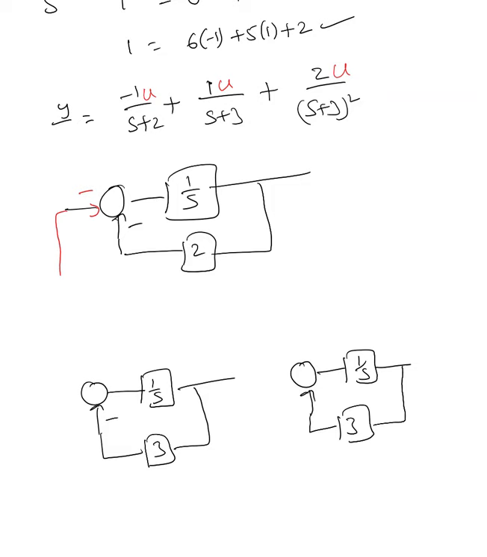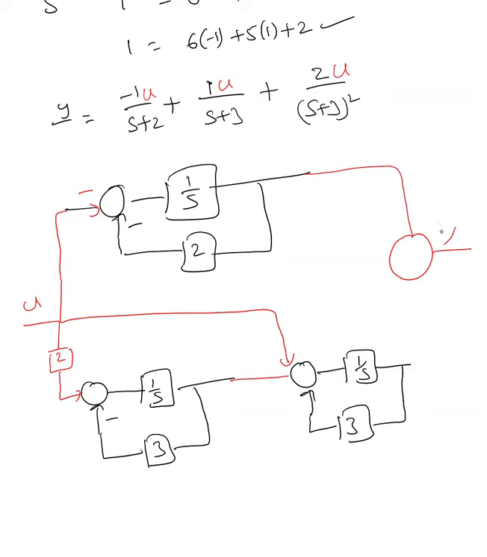That is my U, and U must pass through this 1 over s plus 3, which is right there. Now U must pass through the two poles, but multiplied by 2. This is my U and this is my simulation diagram Y. That's a complete simulation diagram.